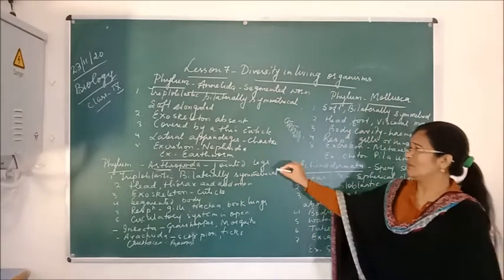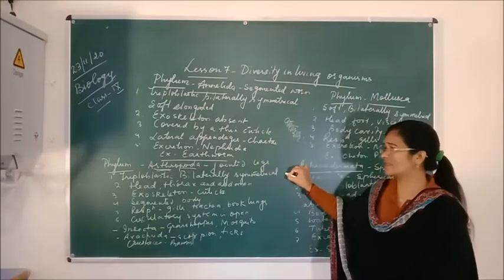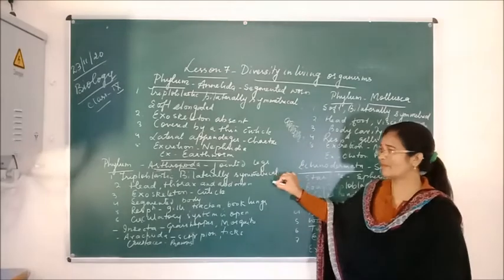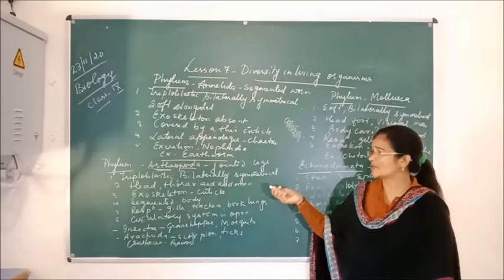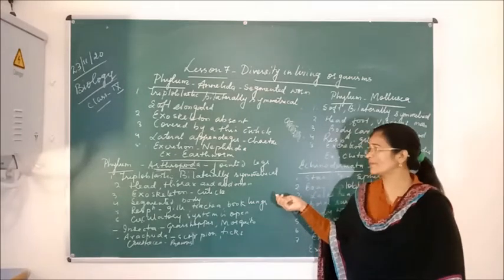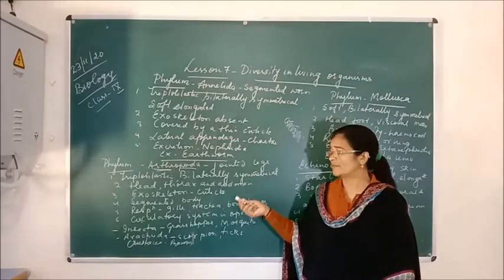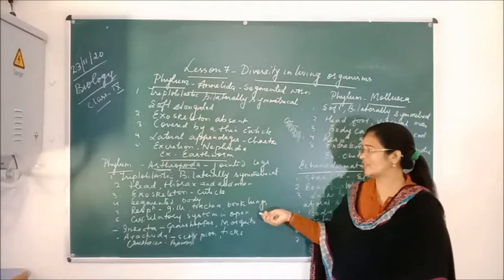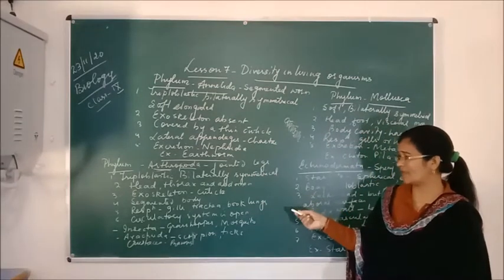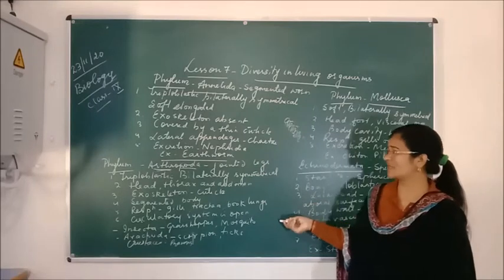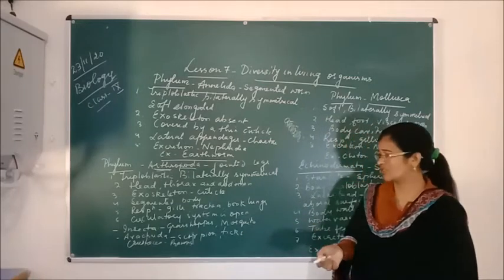So here you might have understood the different features of the arthropoda: they have jointed legs, they are triploblastic in nature, bilaterally symmetrical, the body is divided into head, thorax and abdomen, the exoskeleton is made up of cuticle with calcium carbonate, they have a segmented body, respiration through gills, book lungs, trachea, the circulatory system is open, that is arteries and capillaries are absent, and they are divided into insecta, arachnida and crustacea.